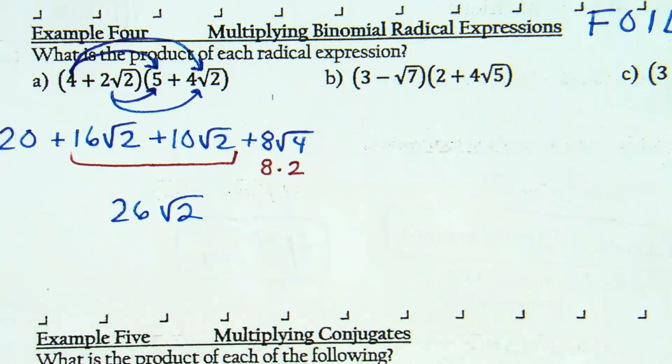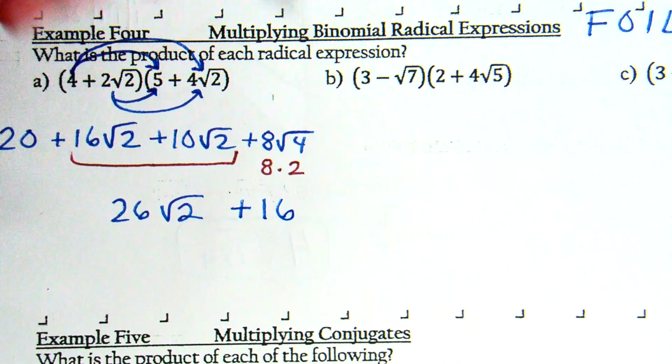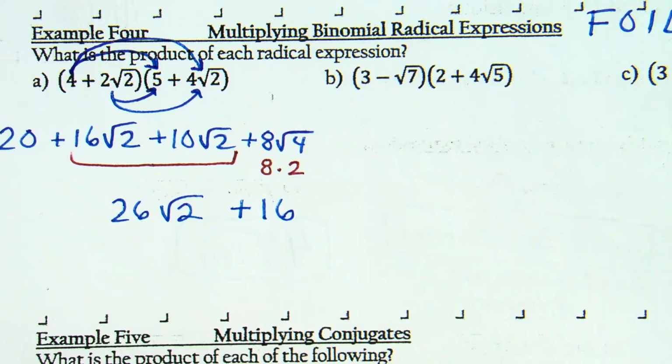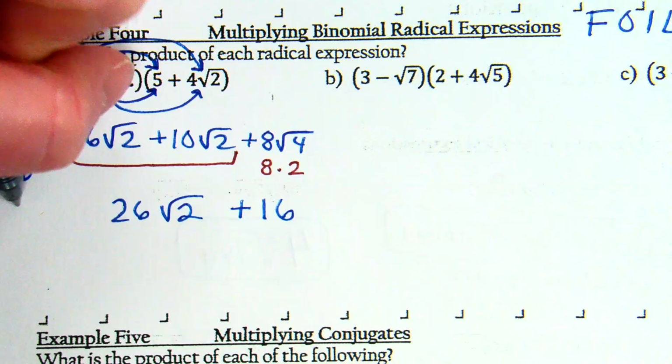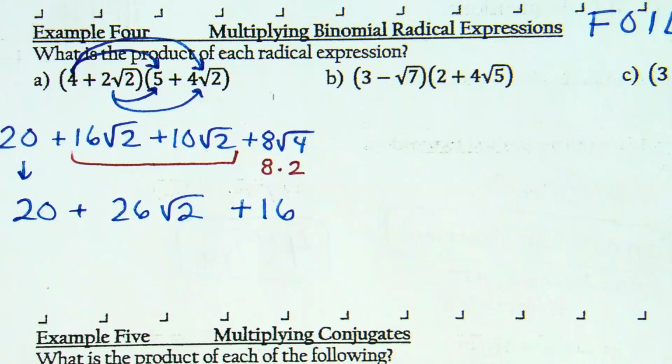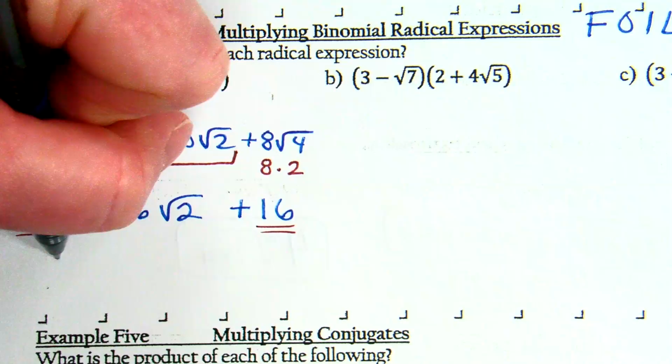So if you didn't already deal with it earlier, and that's fine if you dealt with it earlier. So square root of 4 is 2. 2 times 8 is 16. So this is really a plus 16 at the end. And then we still had a 20 at the beginning. So now we have 2 constants that can add.